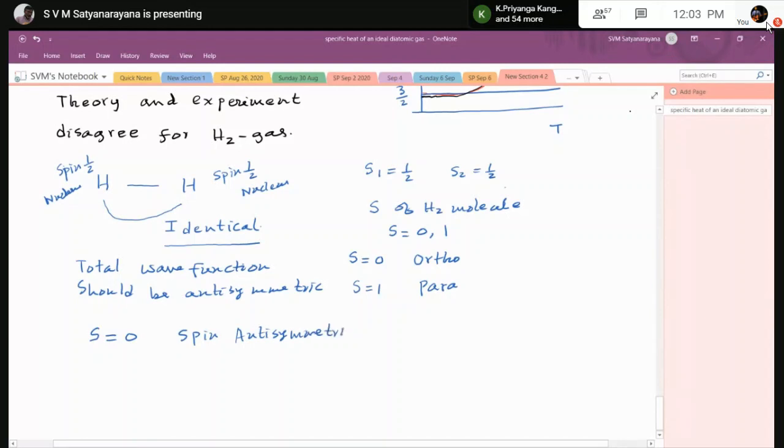Spin antisymmetric means your spatial wave function should be symmetric. Only then the total wave function will be antisymmetric.